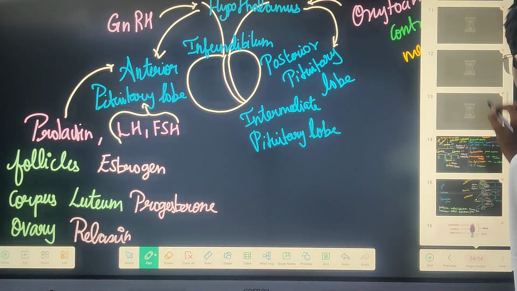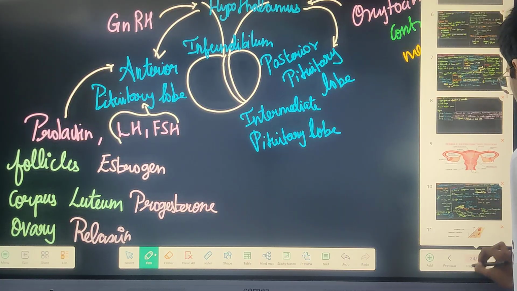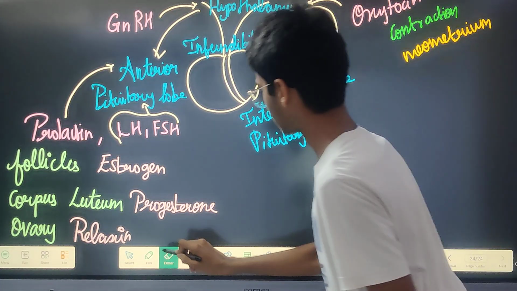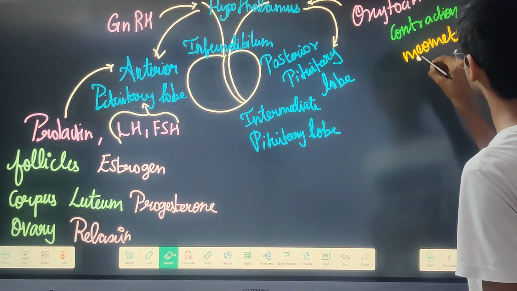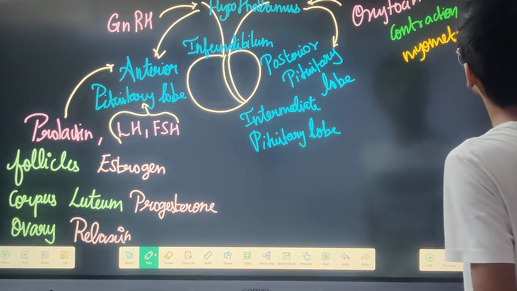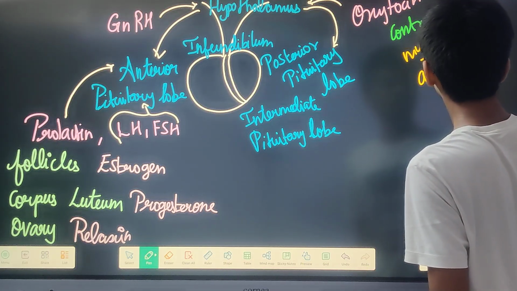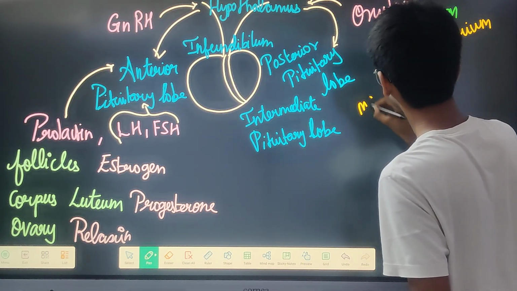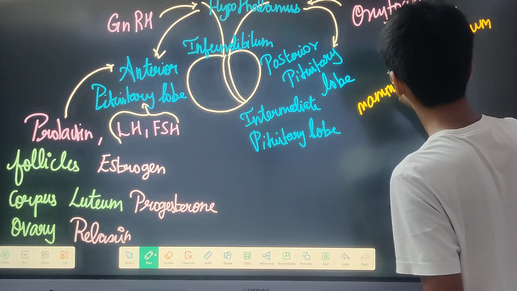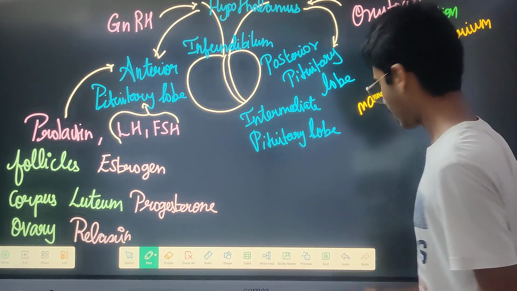Myometrium, not myometrium. That is myometrium. Okay, so it acts on the myometrium, and also on the mammary alveoli.